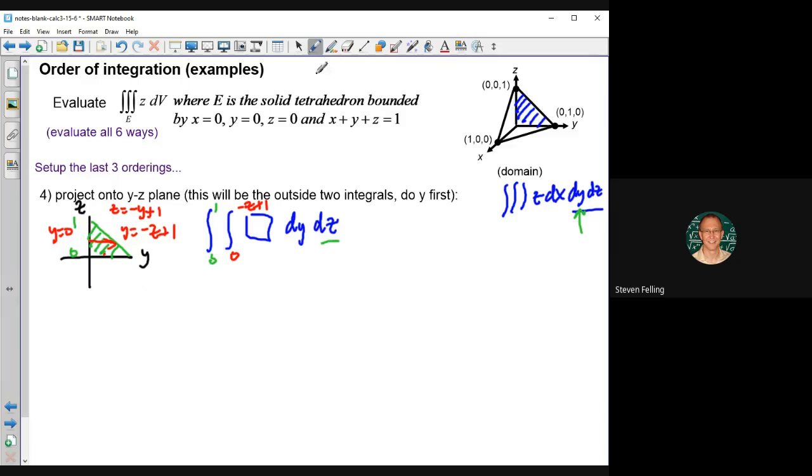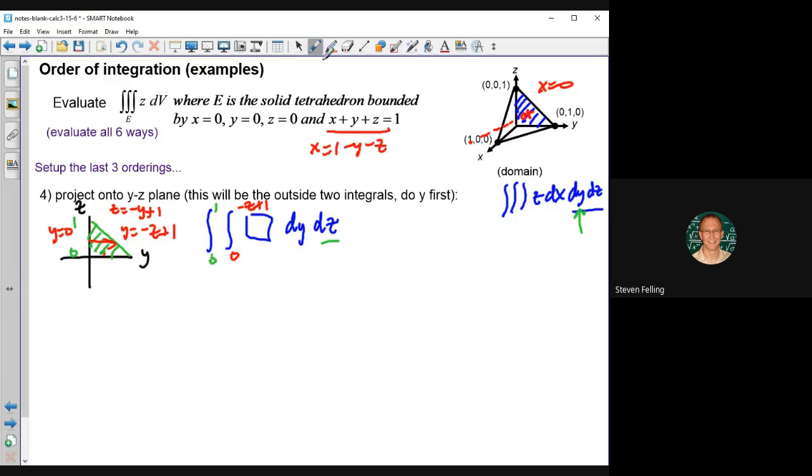To do the inner integral, I'm going to go back to my person here. Imagine my little person standing here, jumping in this direction. They're going to go from x equals 0 to x equals the plane. So I would take this equation for the plane and solve it for x.